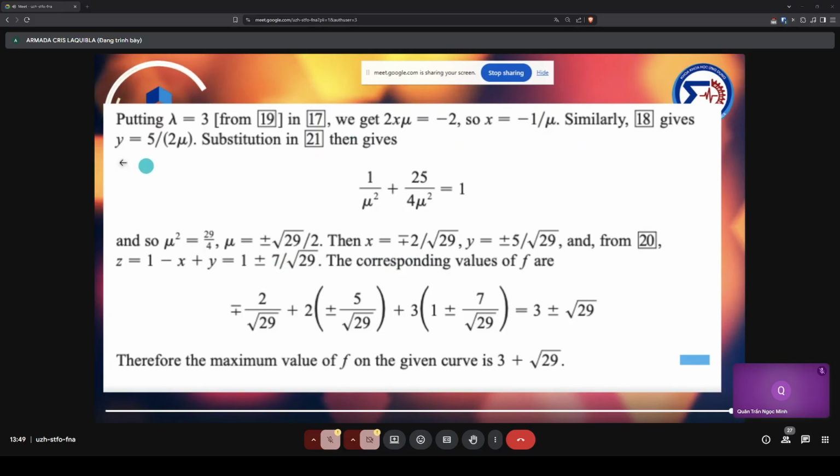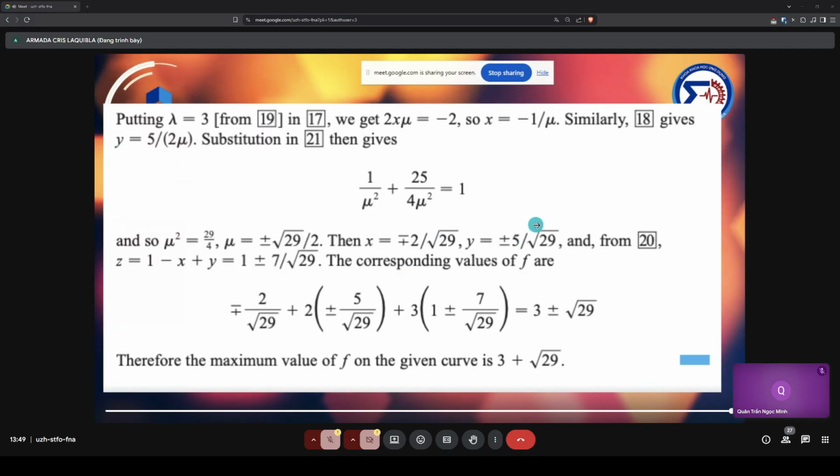Now for your y, you substitute there the positive square root of 29 over 2, and you will get positive 5 over square root of 29. So it's here. Positive is written on top, so that's plus there. Now if you substitute the second one, which is the negative square root of 29 over 2, here in your y, cancel the 2 there, it becomes a negative 5 over square root of 29, which is this.